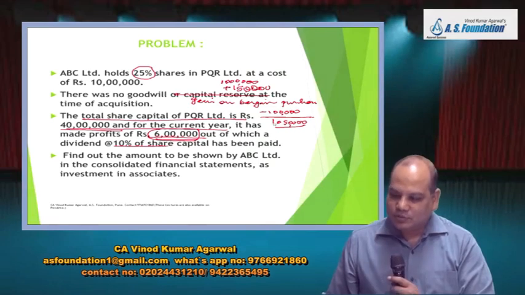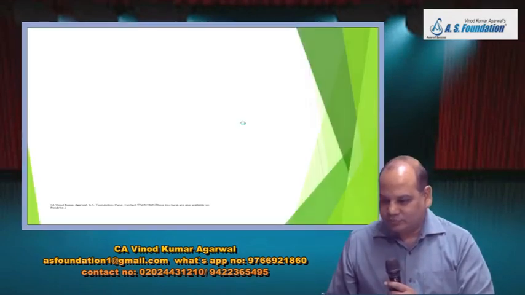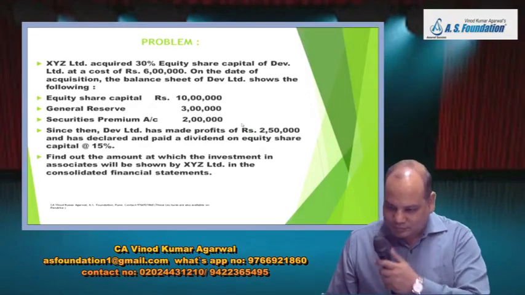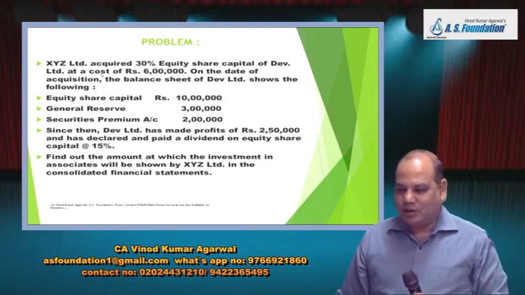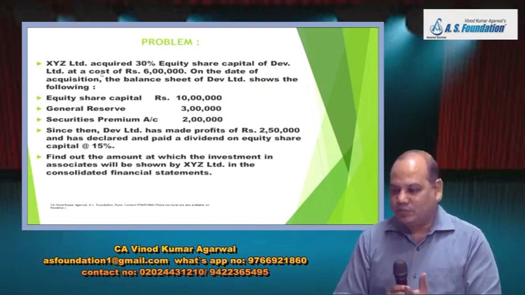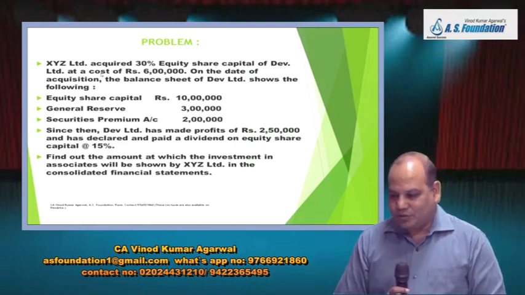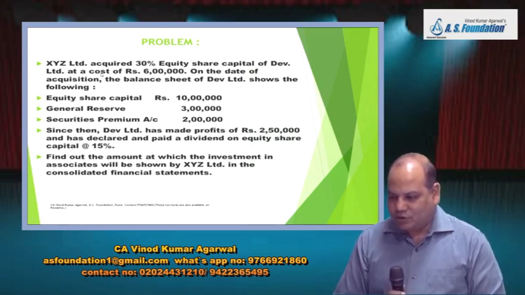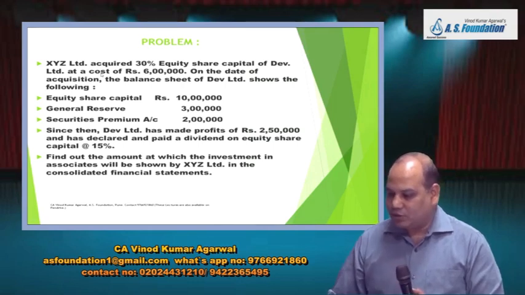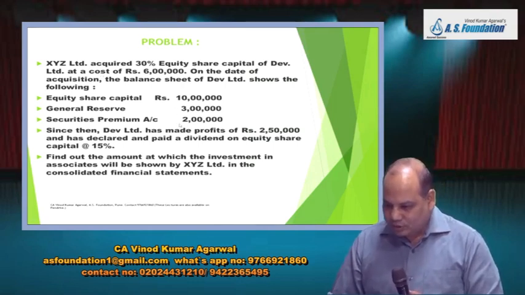Yes, one more. XYZ acquired 30% equity share capital of Dev at a cost of 6 lakh. On the date of acquisition, the balance sheet of Dev Limited showed the following position: share capital, general reserve, securities premium. So total is how much? 15 lakh. 15 lakh into 30%.